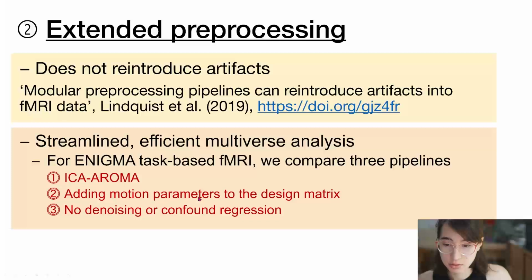So we add them into our task-based design matrix, or we just don't do anything in terms of denoising or confound regression. And this really tells us, okay, what is the specific impact of doing that on our results? So it actually really helps us to make sure that what we are doing is robust to these choices.